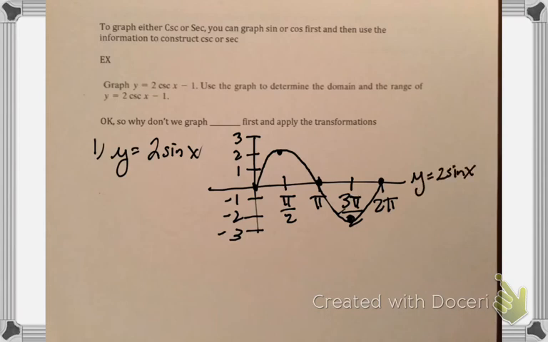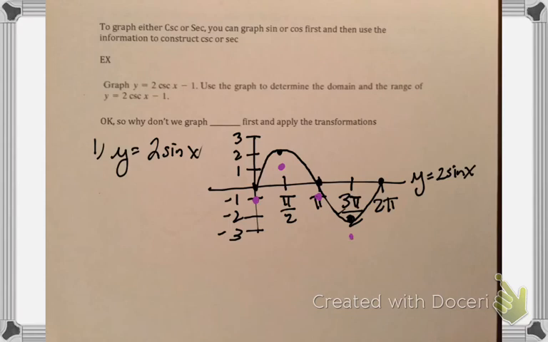Okay, now I'm going to take all those points and I'm going to drop them down 1 unit. So I'm going to do this in purple. So 0 becomes -1. 2 becomes 1. So I'm literally taking these points and just dropping them down. At pi, sine is 0, so it becomes -1. At 3 pi over 2, it was -2, so it becomes -3.